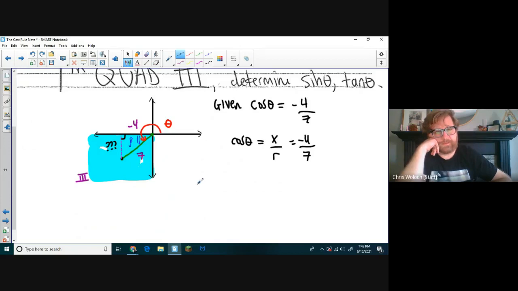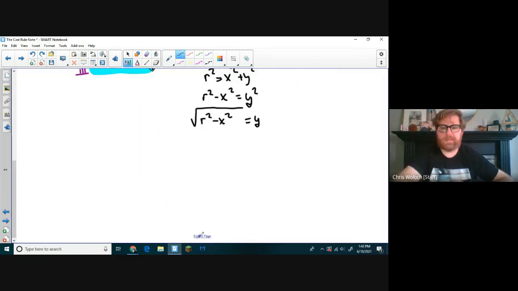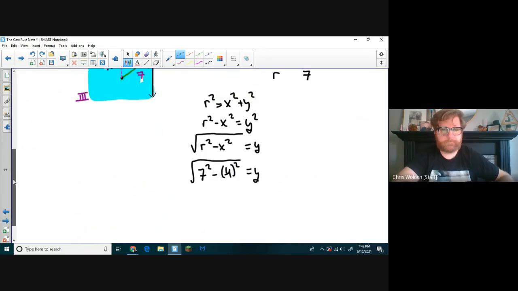If you remember, we just use the formula r² equals x² plus y². And now this is just going to be r² minus x² equals y², which will just be the square root of all this. And then if we plug that in, it's going to be 7² minus 4², right?